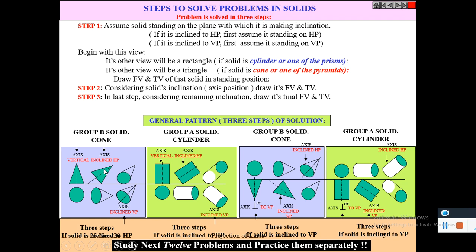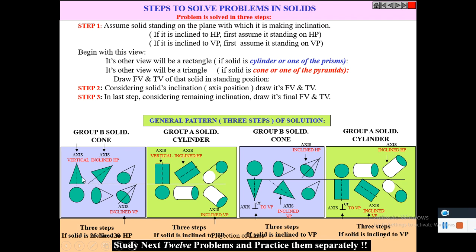So the second figure shows the front view when it is inclined to HP, and its top view. And the third figure shows it inclined to VP, or this is the top view of this figure, inclined to VP, and its front view.